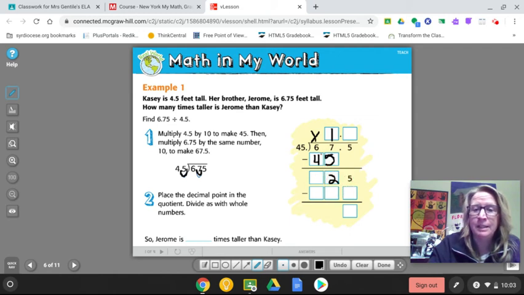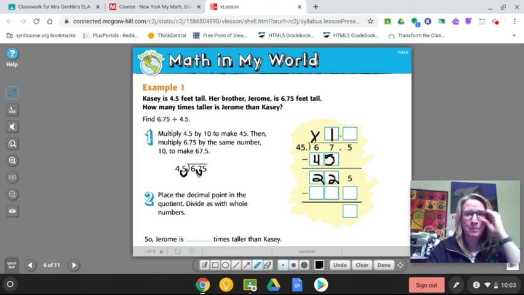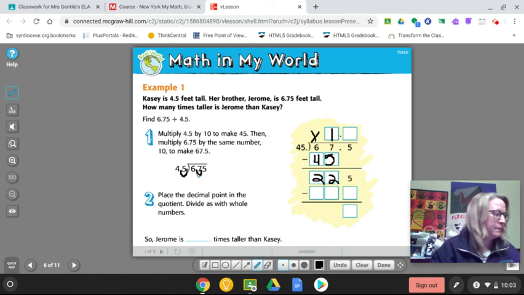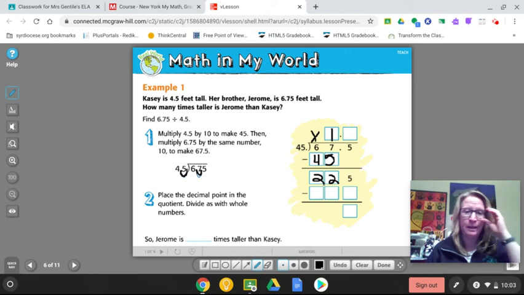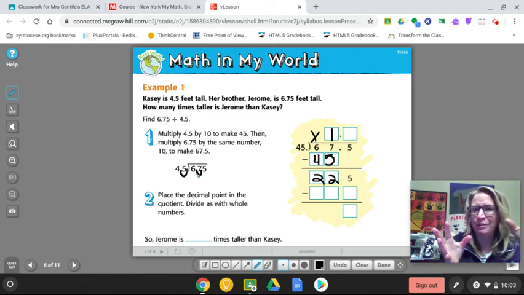And I have 6 take away 4, which also equals 2. Okay. So now I need to know how many groups of 45 can actually go into 225. So you know how we want to start in the middle, boys and girls, and figure out how many groups of 45? Well, 5 would be the middle. So let's see if that works out.